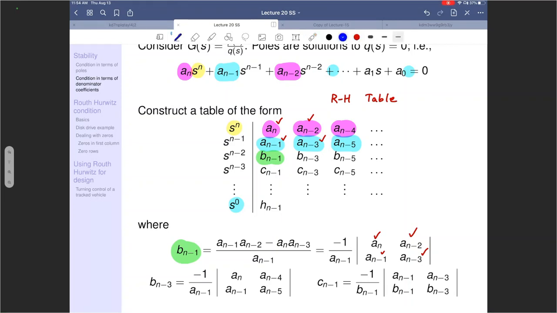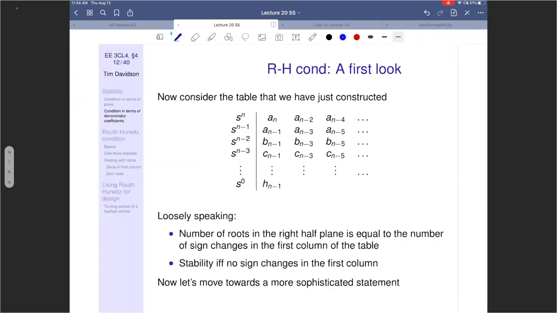So let me do this in blue. For c sub n minus 1, you would use an minus 1, bn minus 1, an minus 3, bn minus 3. And you would keep building that as you fill out this table. A few examples of this we will take a look at.